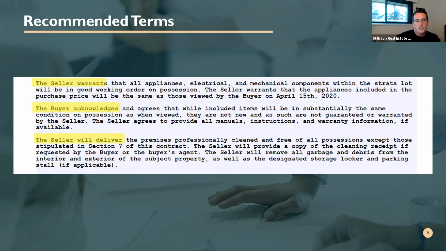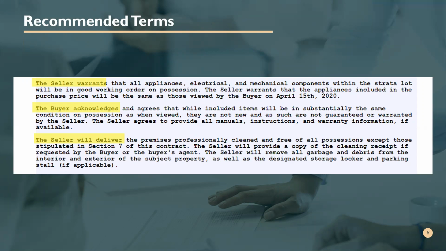If you had just this one, and it says that they'll be in substantially the same condition on possession as when viewed, let's say your inspector didn't test the stove or you didn't have an inspection. Well, the third burner didn't work when viewed and it doesn't work on possession. The previous clause will ensure that it should work on possession, because even though it didn't work when viewed, all appliances have to be in good working order. Does that make sense?